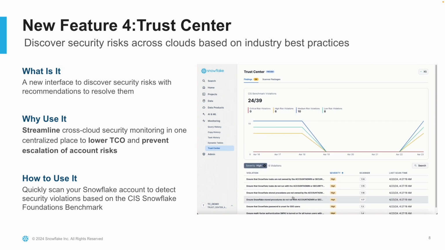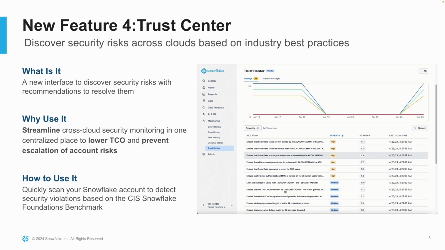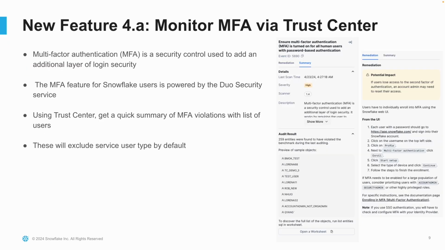So this is a fantastic way of monitoring your account over time. And so we've also added MFA into the Trust Center to make sure that all users that are human have MFA associated to that. And you can see here that we provide a result, an audit result of the individuals that have not complied with the rules that we're monitoring.